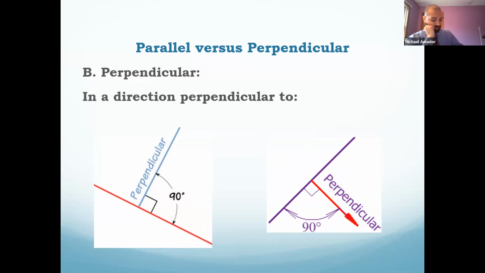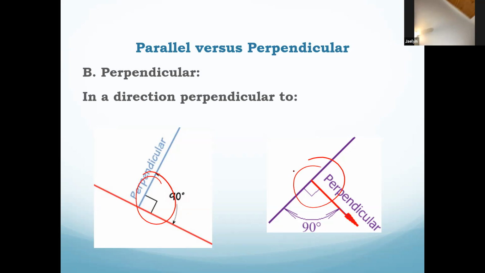Okay, give it a shot, and then if you need help, we'll finish it. What do you notice about these two examples of perpendicular lines? They're straight up from the other line. Okay, what angle do they have between them? 90. So specifically 90 degrees.